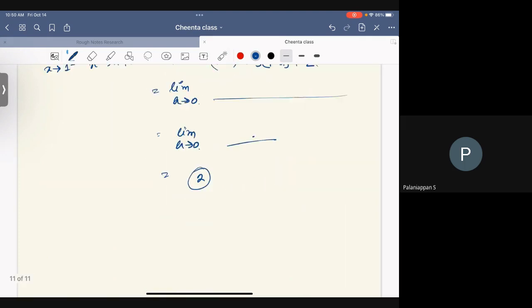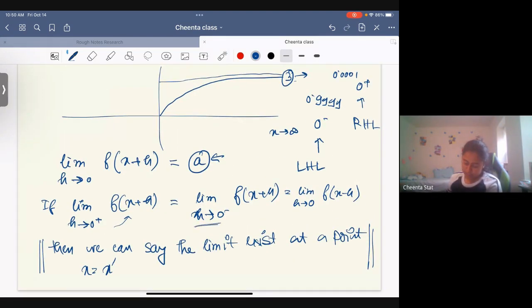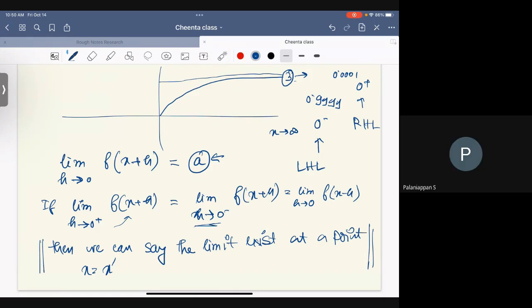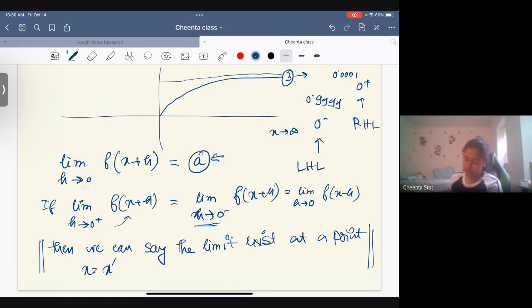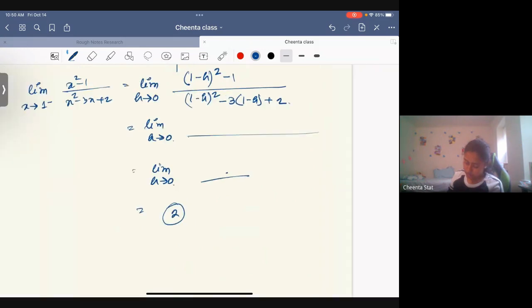See, whenever we do this thing, h tends to minus 0, we do it minus h. And here for x, we are putting 1 because we want to find the limit at x equals to 1 exactly. That's why. Okay.